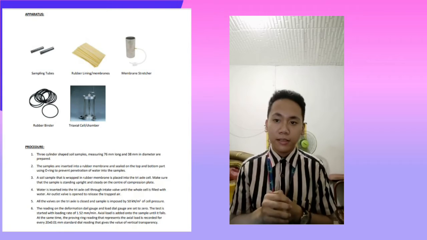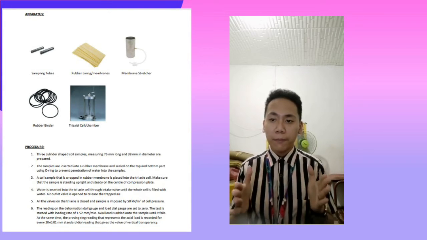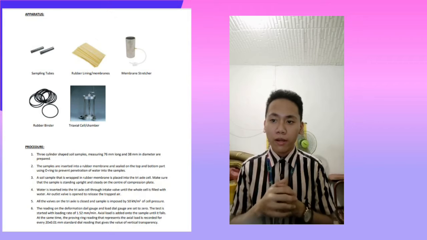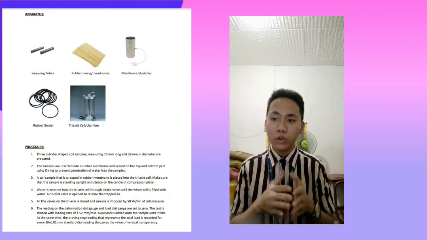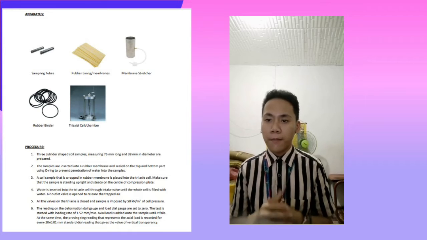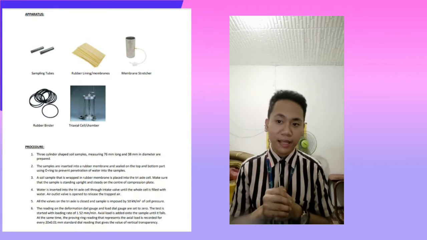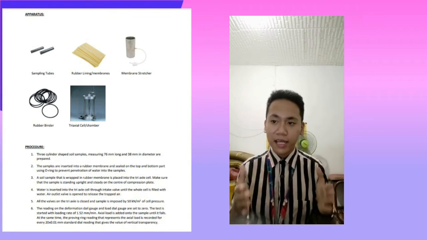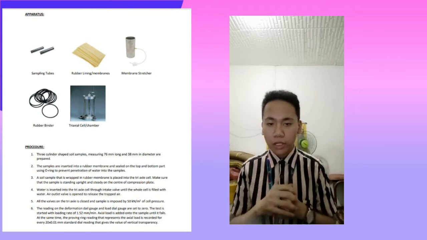Procedure number 3: the soil sample wrapped in rubber membrane is placed into the triaxial cell. Make sure that the sample is standing upright and steady on the center of the compression plate.